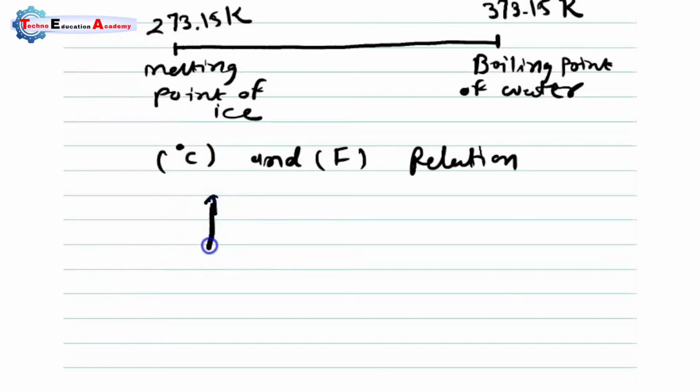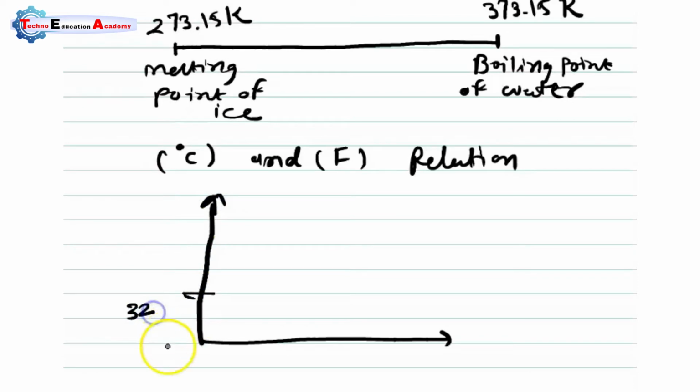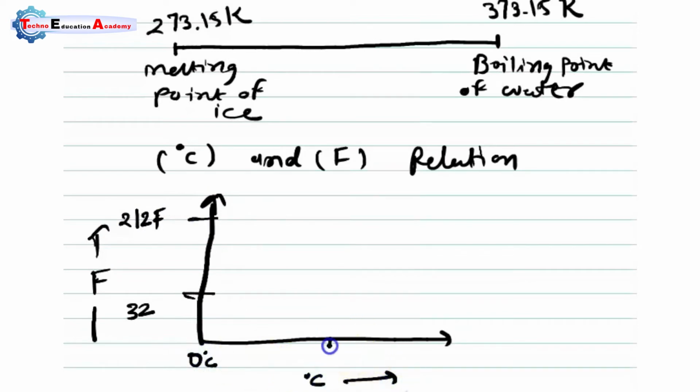Here 32 is the first point in Fahrenheit, and the last point, the boiling point, is 212 Fahrenheit. On the x axis, the first point is 0 degree Celsius and the last is 100 degree Celsius.